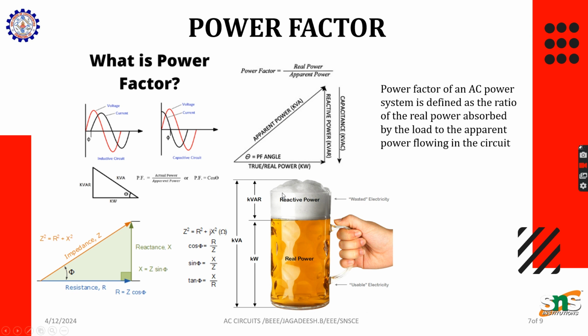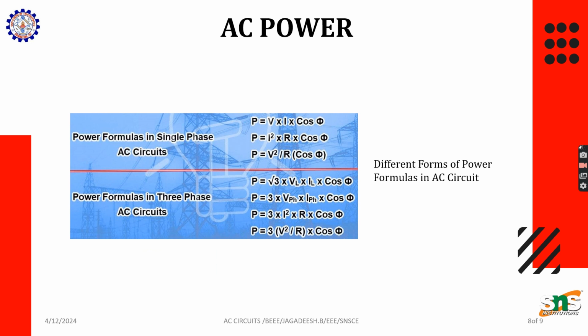The maximum value of power factor is 1. If an industry maintains a power factor of less than 0.8, then TANGEDCO, the Tamil Nadu Electricity Board, will fine the industry for maintaining a low power factor and increasing the reactive values of the line.